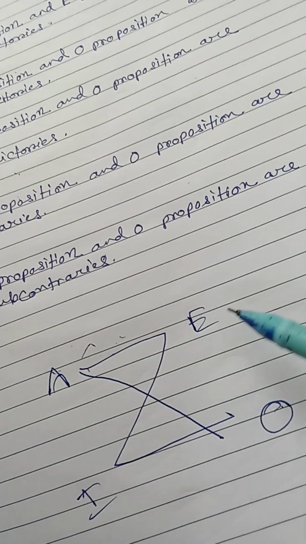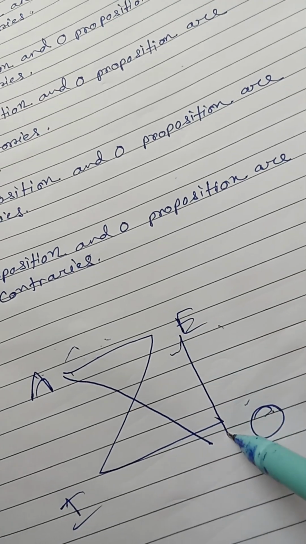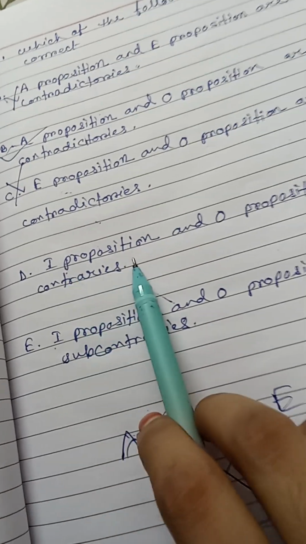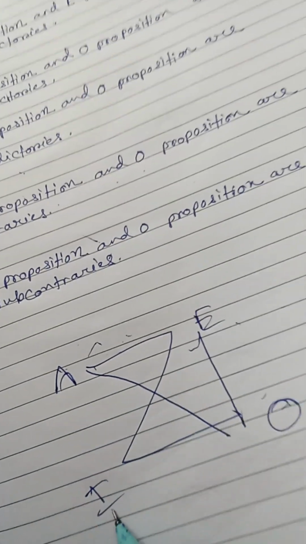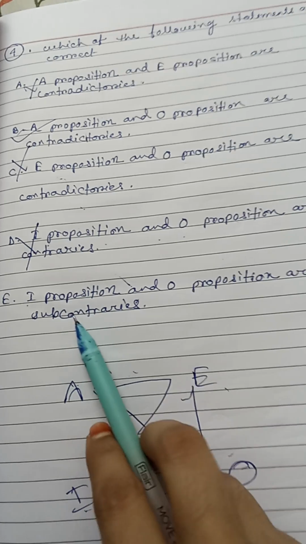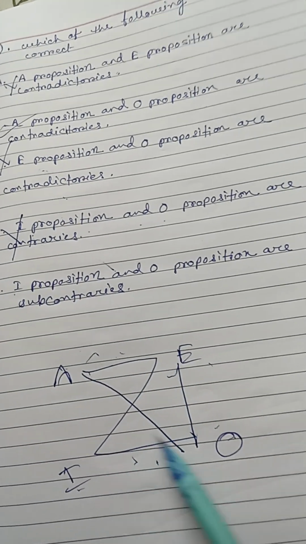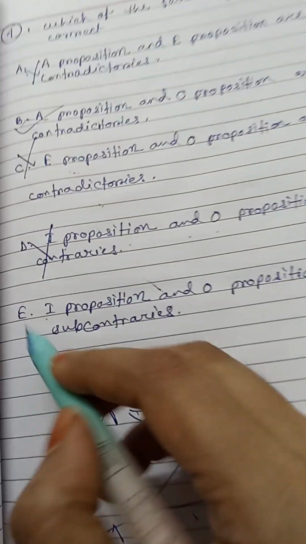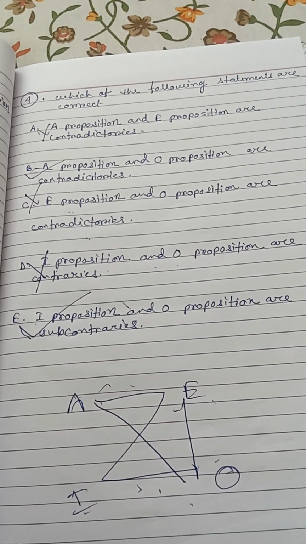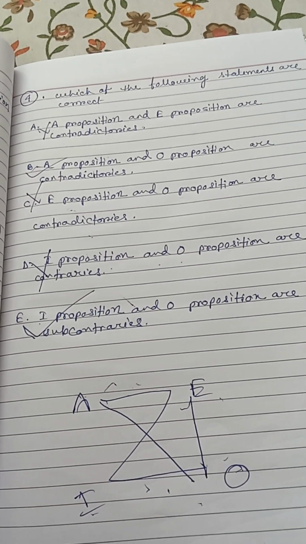E and O, no, it's subaltern, so it is again wrong. I proposition and O proposition are called contraries. No, it's subcontrary, again it is wrong. Now I proposition and O proposition are subcontraries. Yes, absolutely right. So I have shown 4 types of questions from square of opposition.